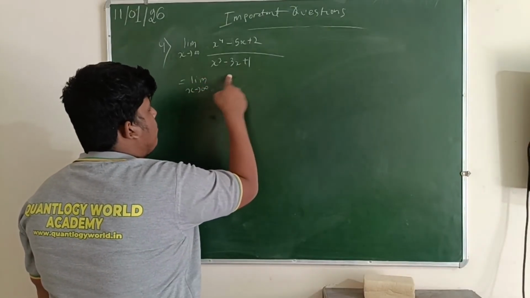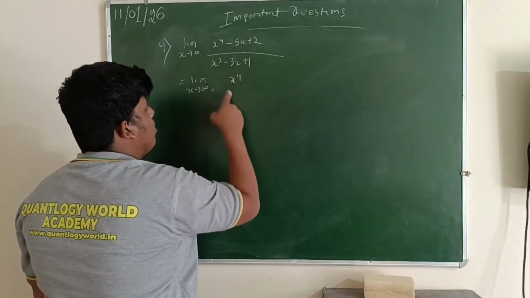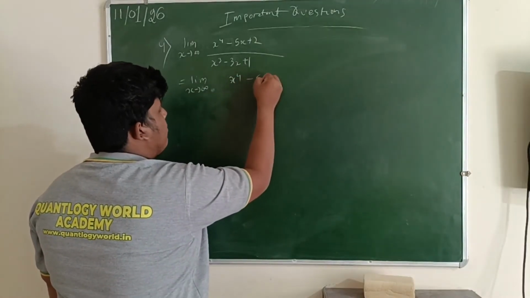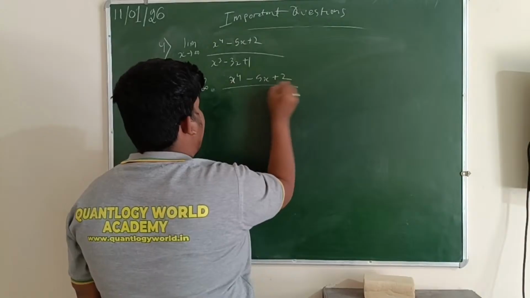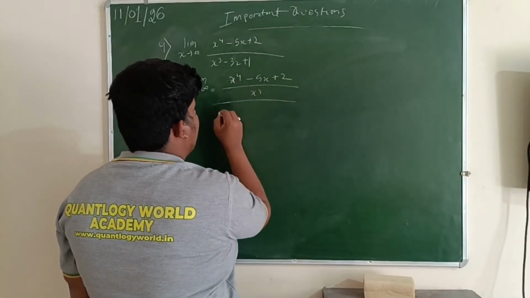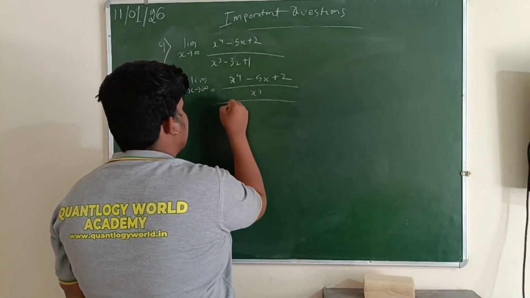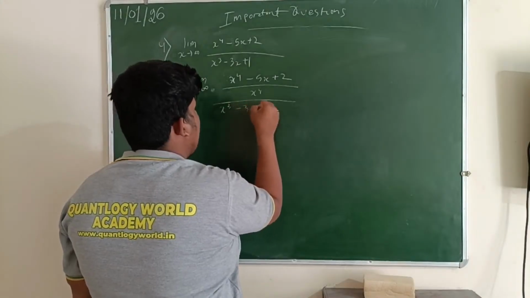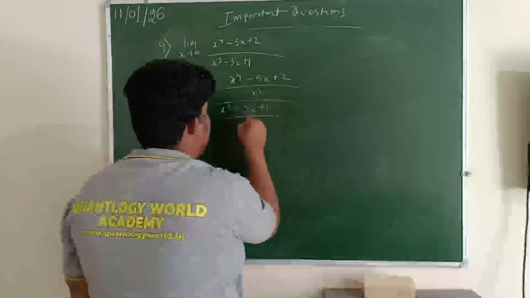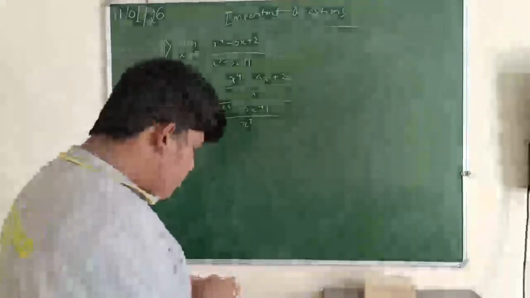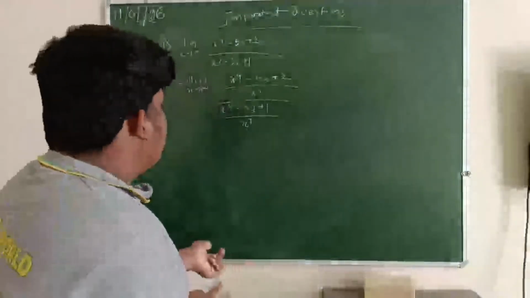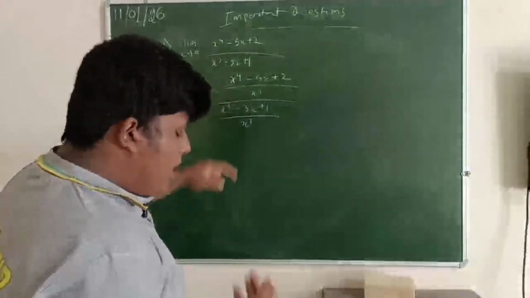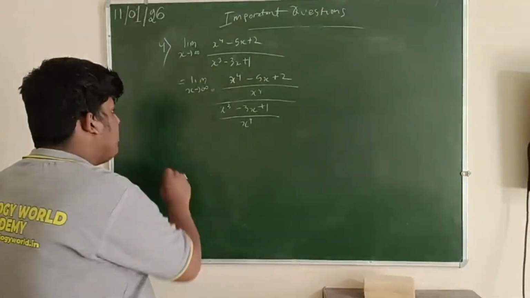x to the power 4 minus 5x plus 2 by x to the power 4, whole divided by x cube minus 3x plus 1, whole divided by x to the power 4. Now we'll divide both numerator and denominator by x to the power 4.